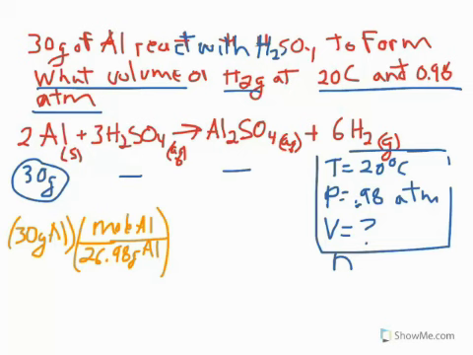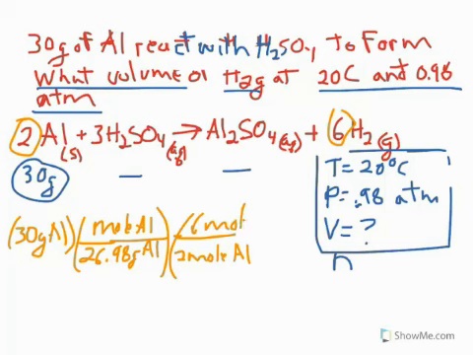And now I note that there's 2 moles of aluminum per 6 moles of hydrogen. So multiply by 2 moles aluminum, 6 moles of hydrogen. And note the gas law, this is hydrogen gas, and that's what I need. So I'll stop right there.